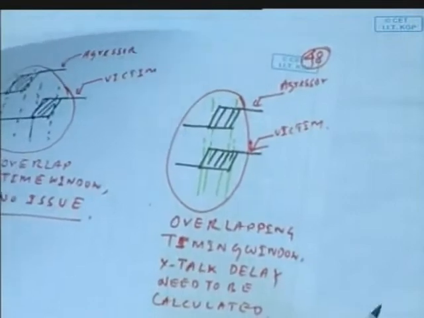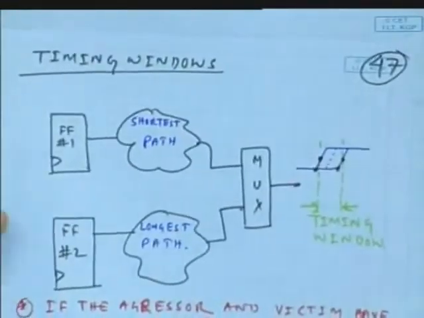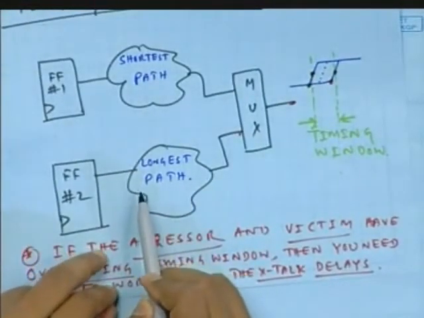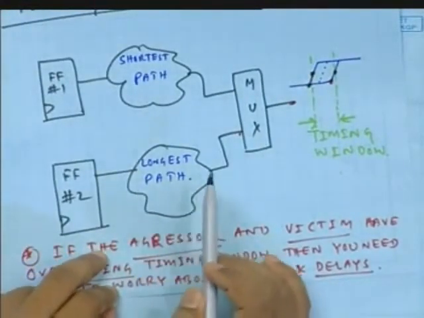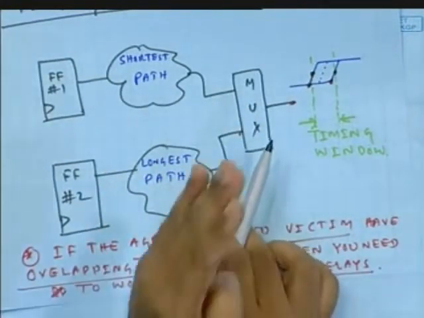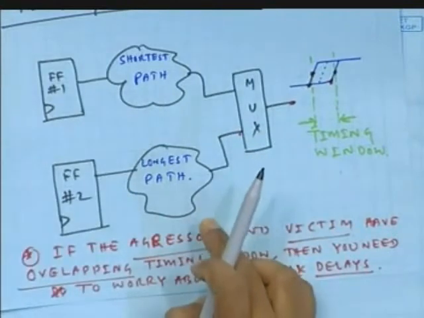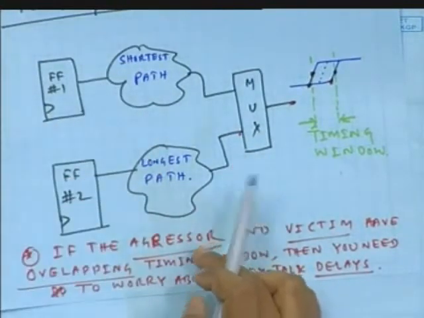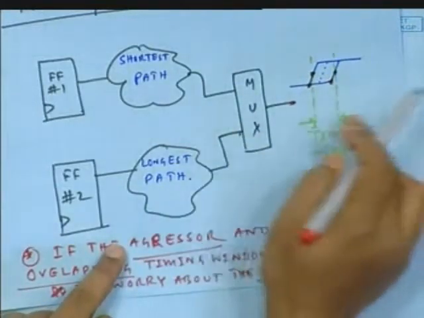Correct. Now, I just make it one more little bit difficult. So the crosstalk effects will be here also, right? So earlier, when you were calculating the shortest path and longest path, you were basically neglecting the crosstalk effect here. Now there could be a crosstalk effect here itself. So will that change this window, move left side, right side?